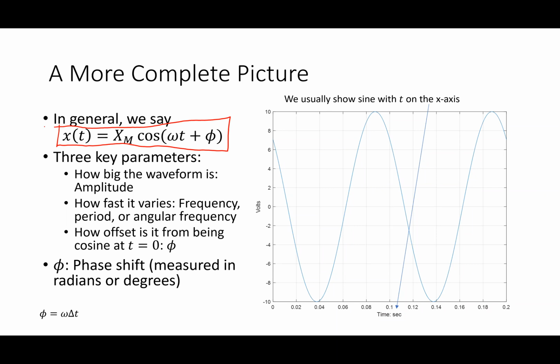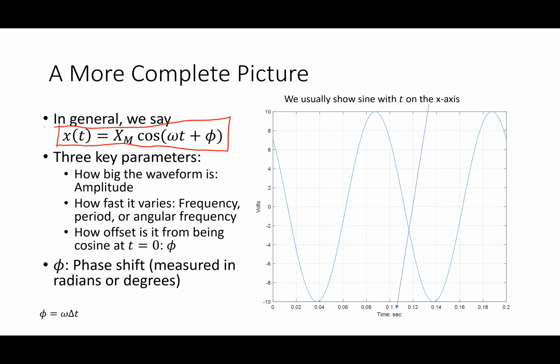Basically, we define all waveforms relative to cosine. You'll talk more about why in 2254 and 3111, but for now that's the reference framework we use. In this class I'm not going to spend too much time on the details of the math; I'm going to focus on how we apply it.